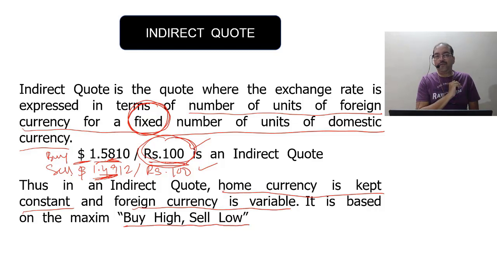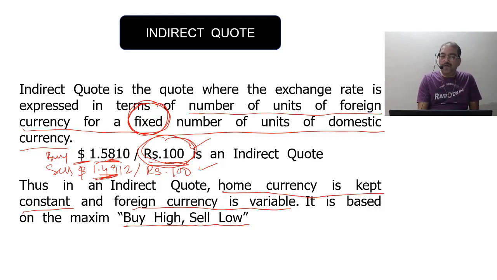What we normally follow in India is the European quote combined with the direct quote. That means home currency to foreign currency is the standard format that we follow. European quote, that is number of units of rupees per unit of dollar.